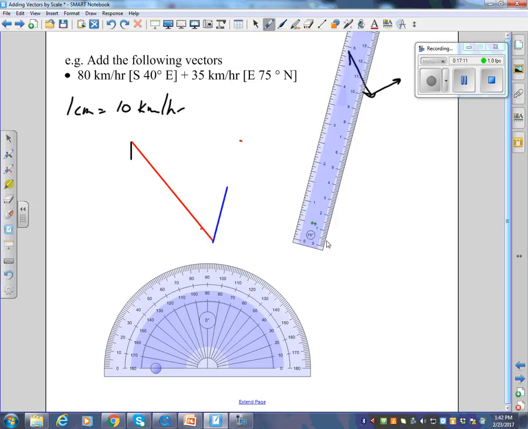Okay, drawing your arrowheads. Where do I draw my resultant from? From where you start to where you end, right?